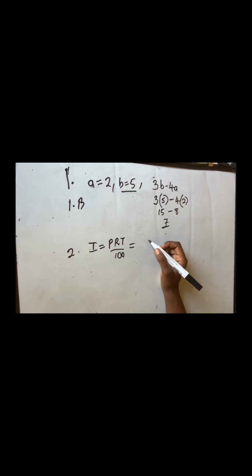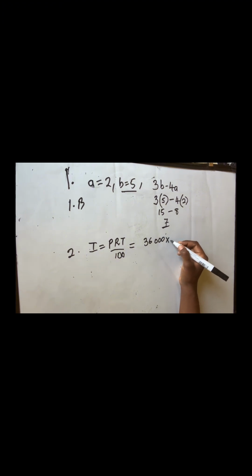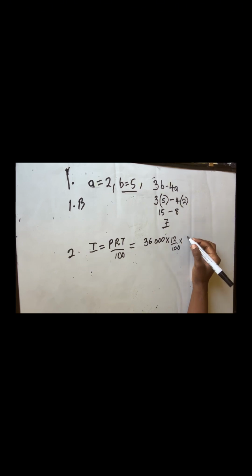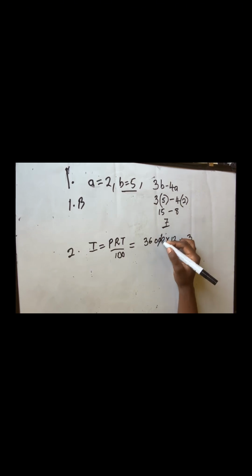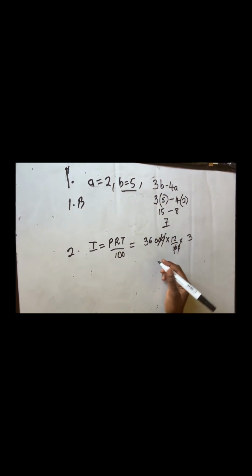Okay, so what is the amount invested? 36,000 kwacha times what is the rate? The rate is the percentage, so 12 over 100, times what is the number of years given? 3 years. Whenever we are multiplying and we have zeros in the denominator like that, the zeros cancel out.